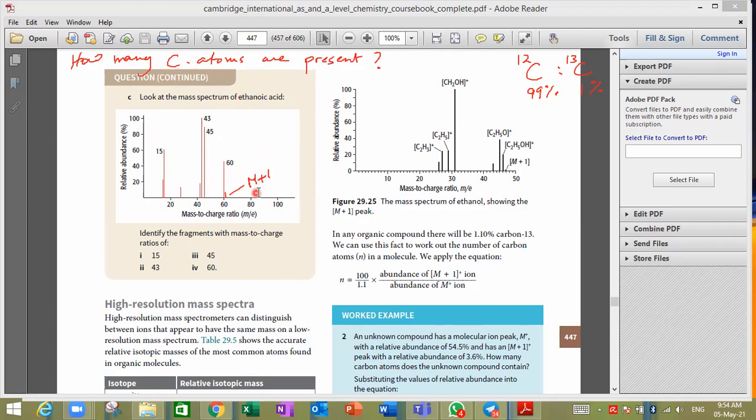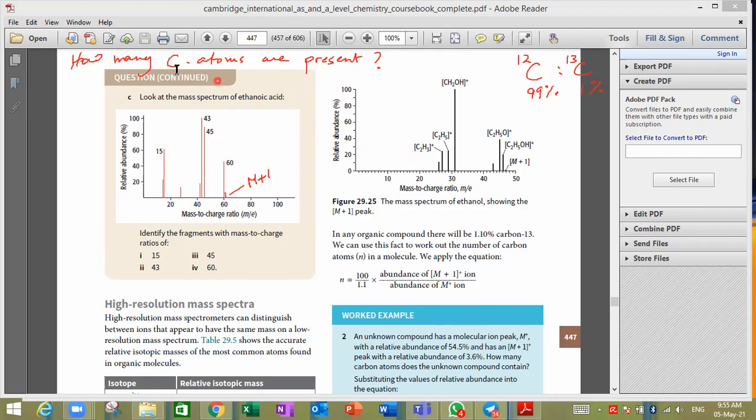Sometimes they don't give you the molecular formula of the compound, but they give you the molecular ion peak and the M+1 peak with their percentages, and ask you to calculate the number of carbon atoms in the molecule. Other information is related to this, so at the beginning you have to find out how many carbon atoms are present, and then you complete the rest of the problem.